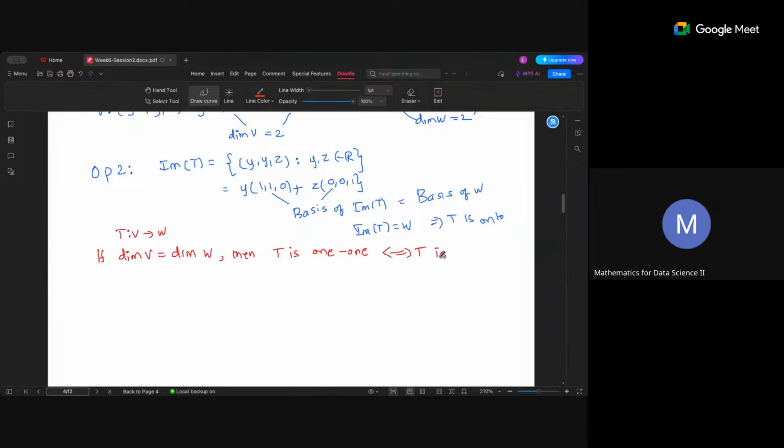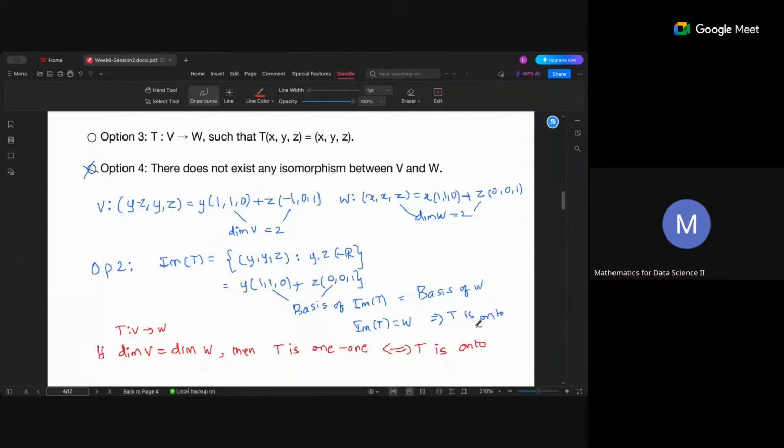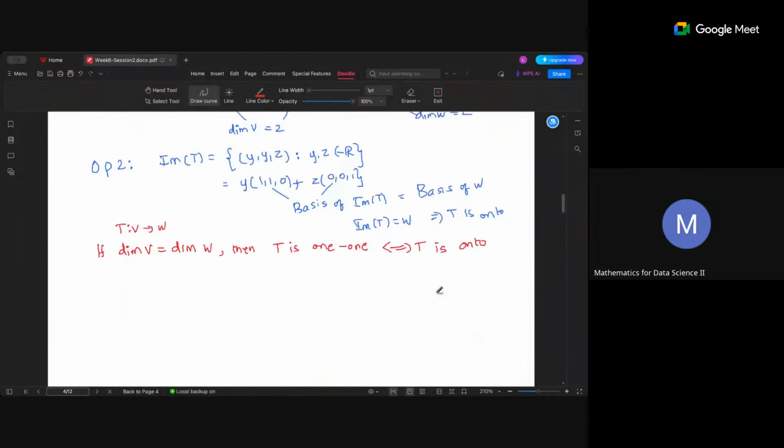T is onto. Okay, so if dimensions are same, then 1 to 1 implies onto and onto implies 1 to 1. So here we have just shown onto, and since already we have proved dimensions are same, onto implies 1 to 1. So both 1 to 1 and onto, and hence T is an isomorphism.